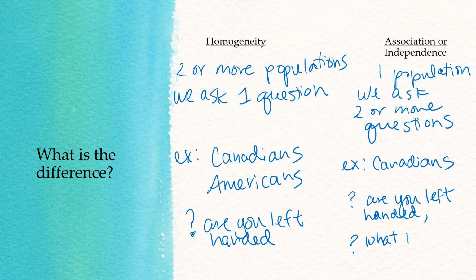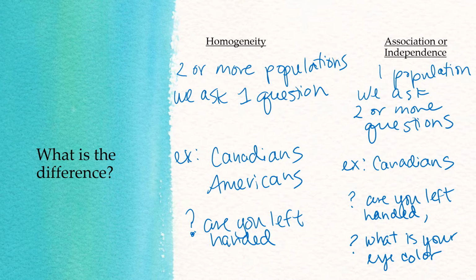So what is your eye color? So I have one distinct population, Canadians, and I'm asking them two questions. Are you left-handed? And what is your eye color? So I'm trying to see, is there an association or a connection between handedness and eye color?